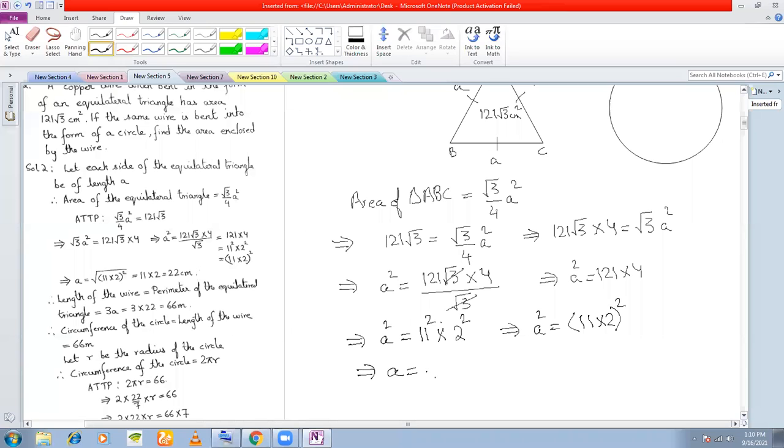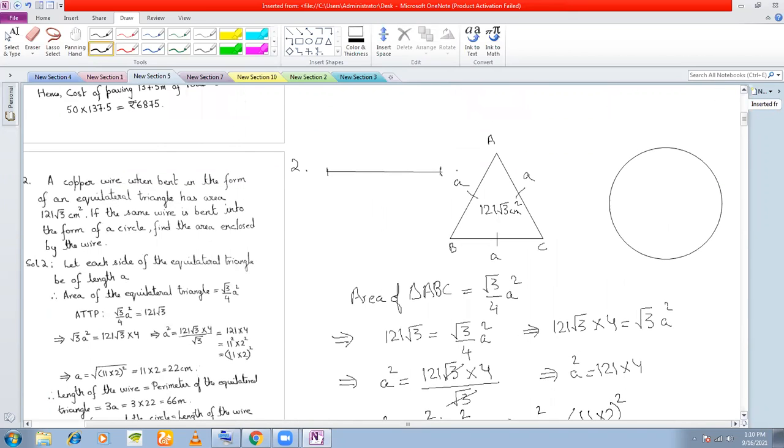That means A is square root of 11 into 2 square, which is equal to 11 into 2, which is equal to 22 centimeter. Okay. I've got the sides of the equilateral triangle.